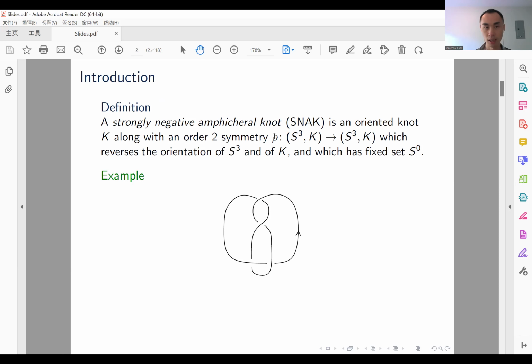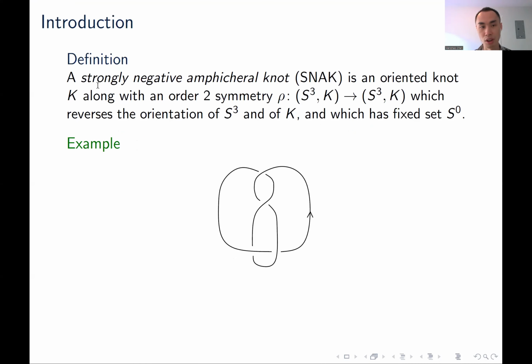So here, we're going to be looking at strongly negative amphichiral knots, and I'm going to call them snags for short. A snag is a knot K along with an order 2 symmetry rho, which simultaneously reverses the orientation of S3 and K, and it has a fixed set consisting of 2 points.